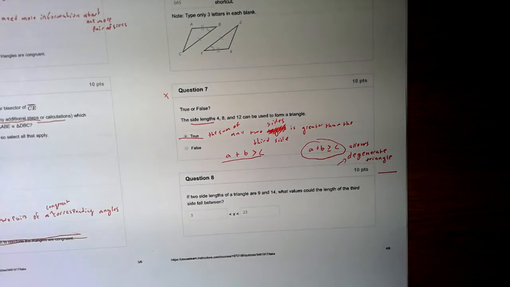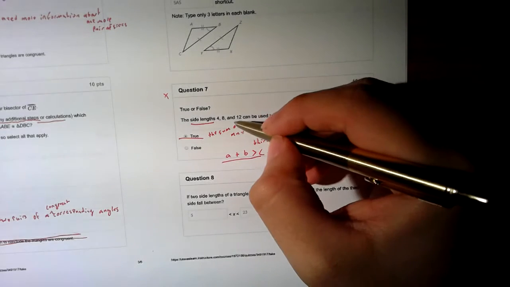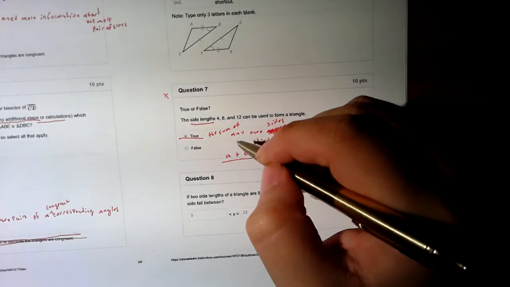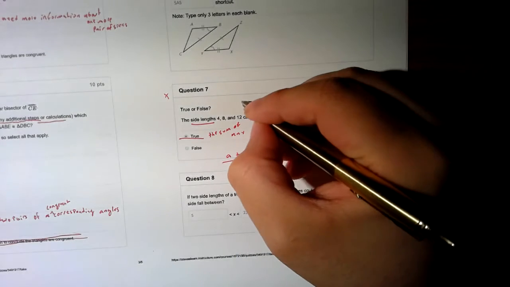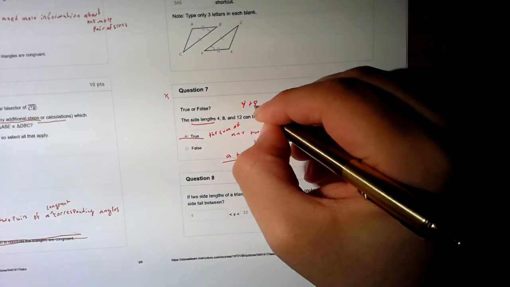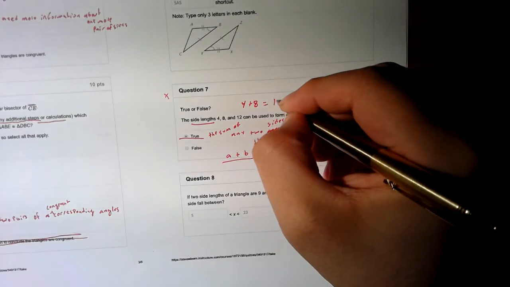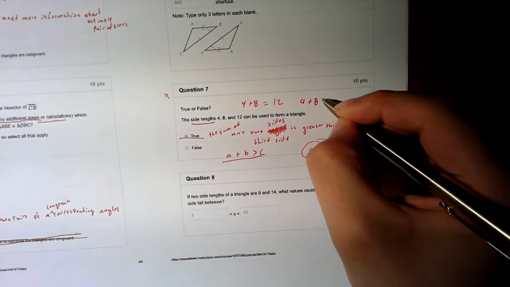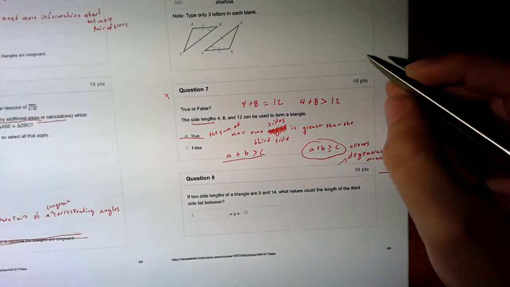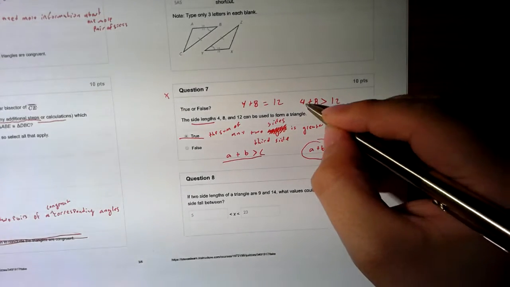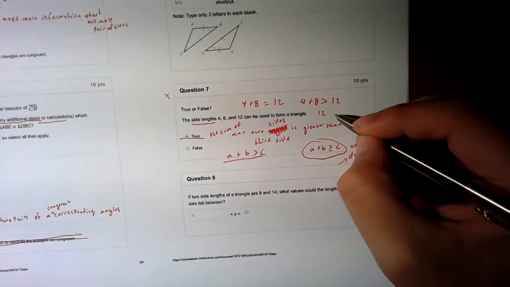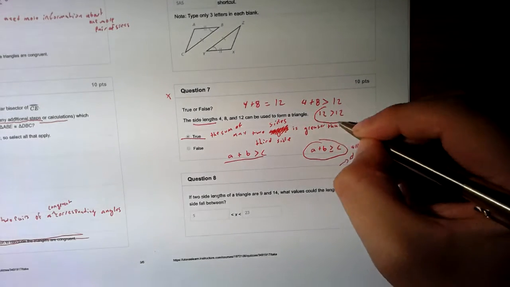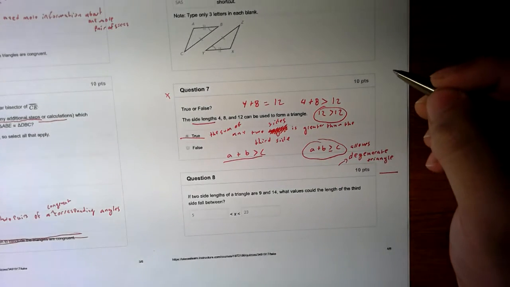Okay, so let's talk about why your answer is wrong. Your answer is wrong because 4 plus 8 equals 12. So the statement 4 plus 8 is greater than 12 is not true, right? Because when you add 4 and 8, you get 12, and obviously 12 is not bigger than 12.